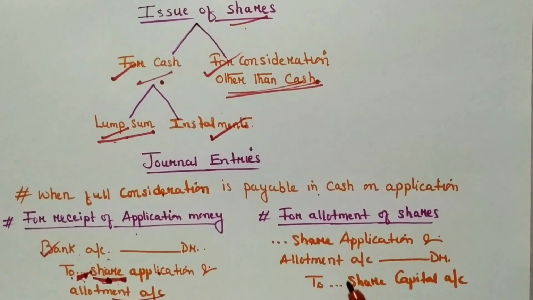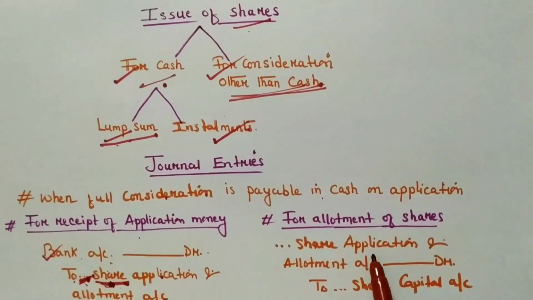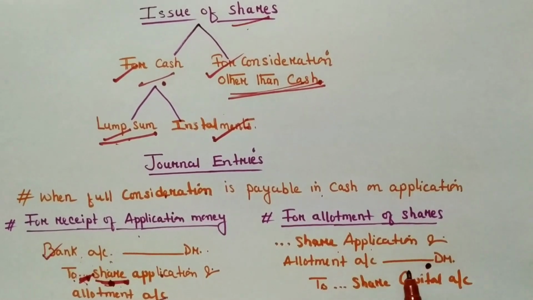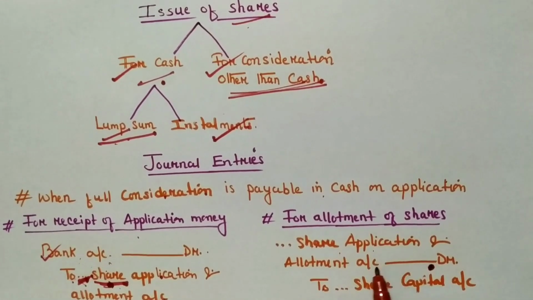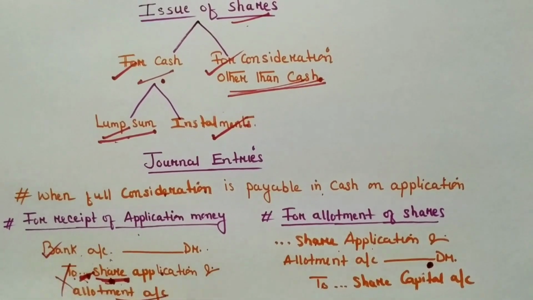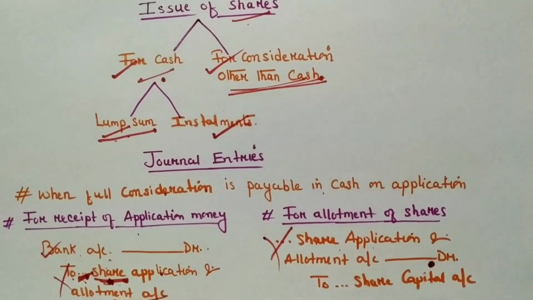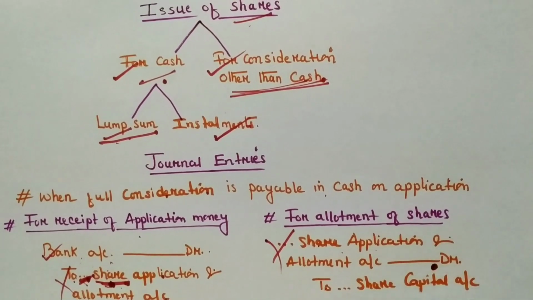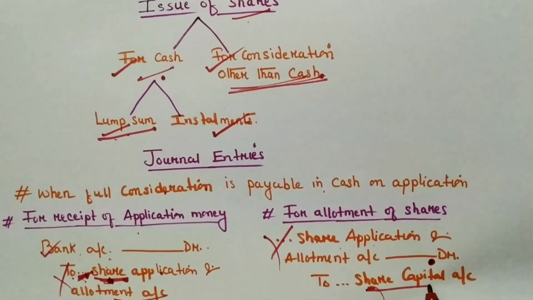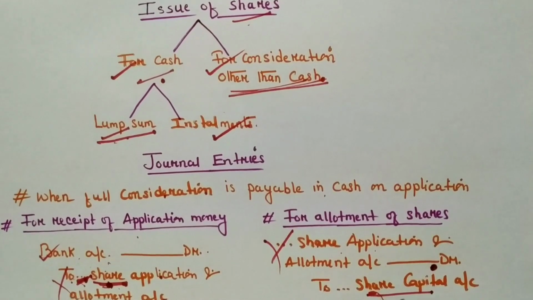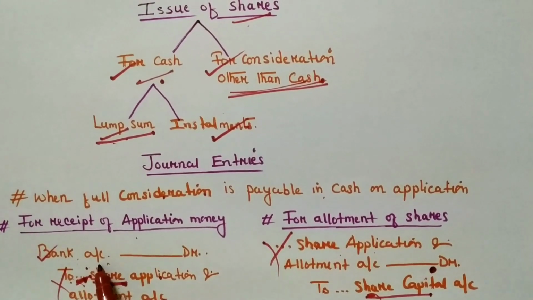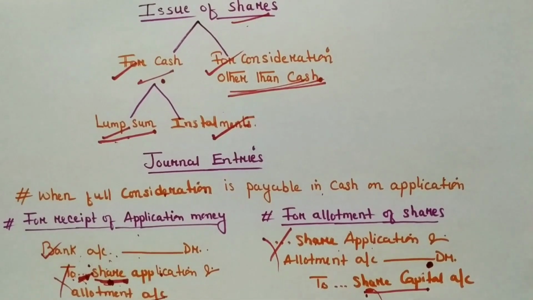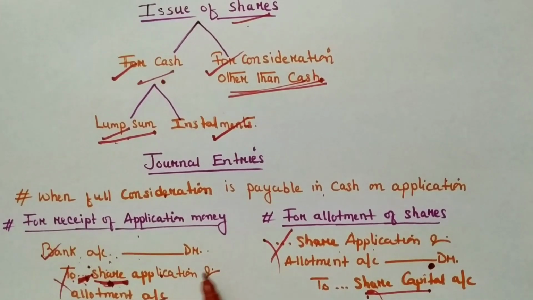Now we will debit share application and allotment account, just to cancel it and just to transfer the amount to the share capital account. That is, the cash received which the company received is transferred to the share capital account.